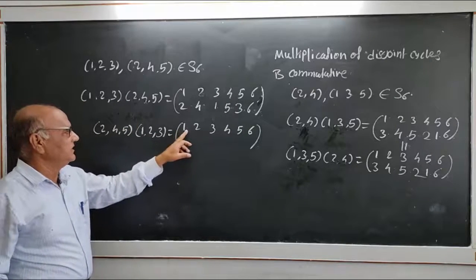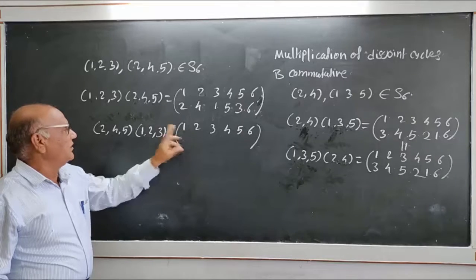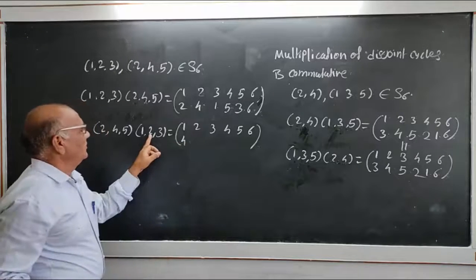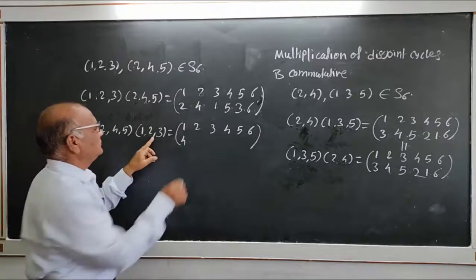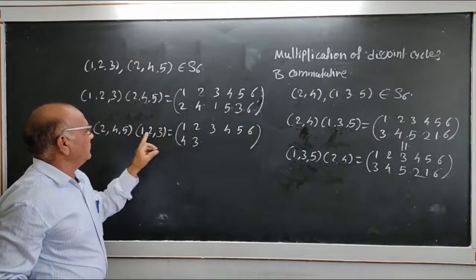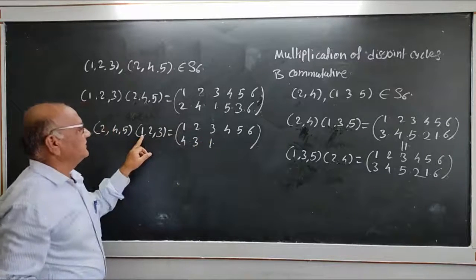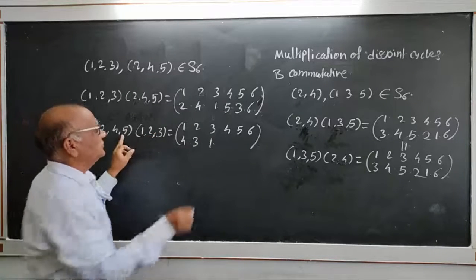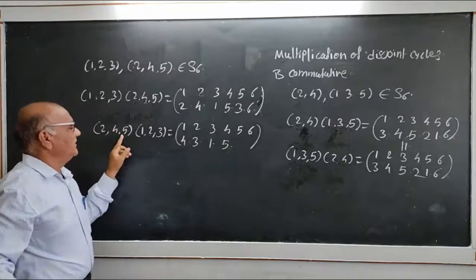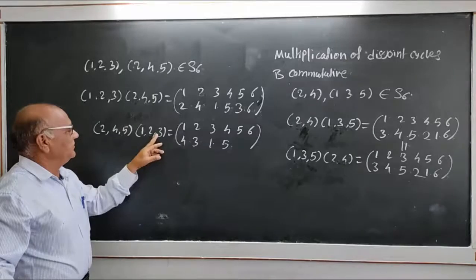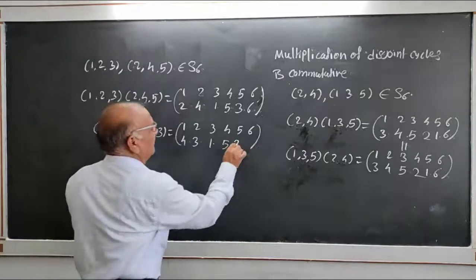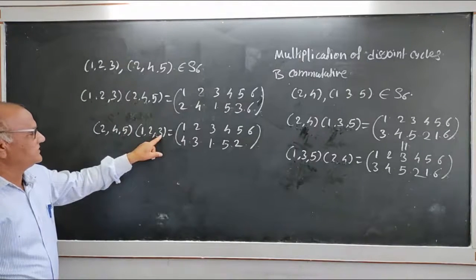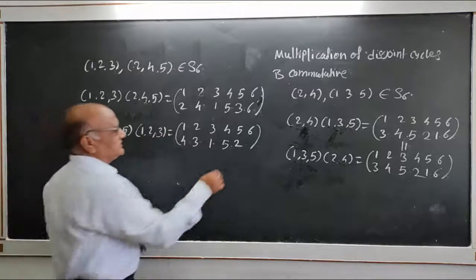Here 1 goes to 2, then 2 goes to 4. 2 goes to 3, 3 goes to 3. 3 goes to 1, 1 goes to 1. 4 goes to 4, then 4 goes to 5. 5 goes to 5, then 5 goes to 2. And 6 goes to 6.